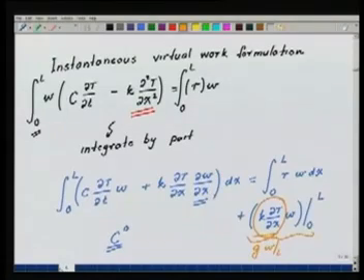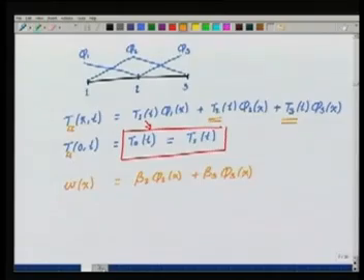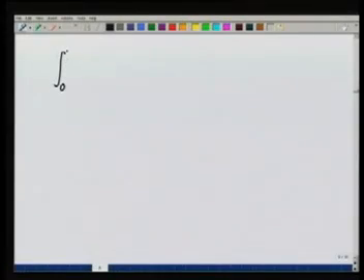Now if I take this representation of the approximation for the temperature T, we put it back in this formulation that we have done. So we will get integral 0 to L, C in terms of the derivatives, sigma i equal to 1 to 3, dT_i/dt phi_i.